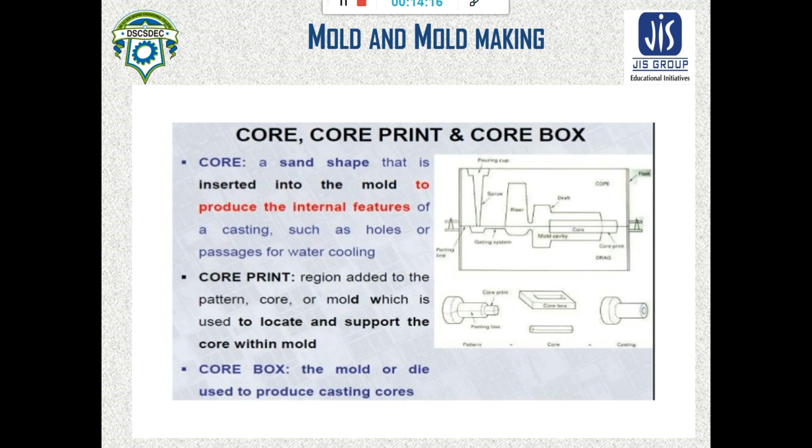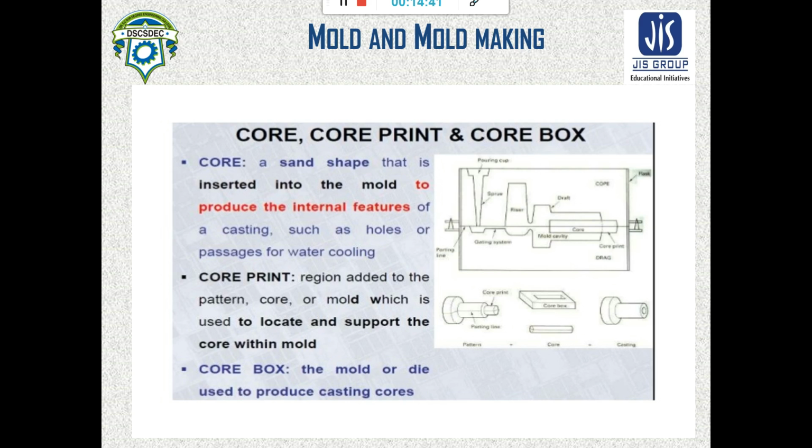Now core print and core box. Core is a sand shape that is inserted into the mold to produce internal features of the casting, such as a hole or passage for water cooling. And core prints are the regions which are added to the pattern, core or mold, which are used to locate and support the core within the mold.